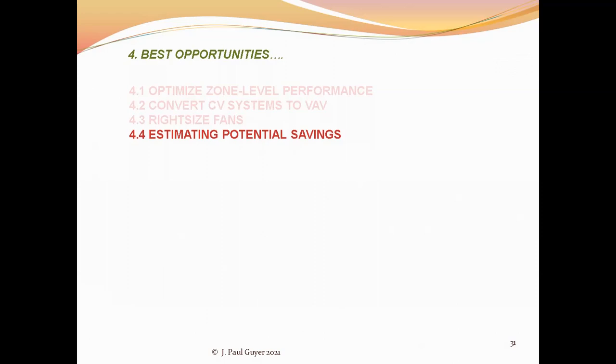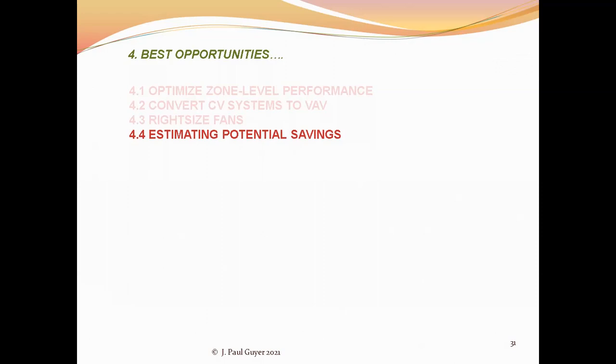Third, with smaller premium efficiency motors. There are motors on the market that are designated as premium efficiency, and they are more energy efficient. So once the fan flow rate has been properly adjusted, the existing motor will probably be found to be larger than necessary.